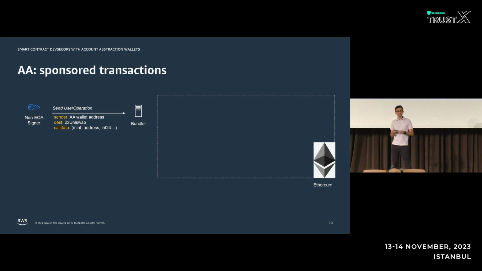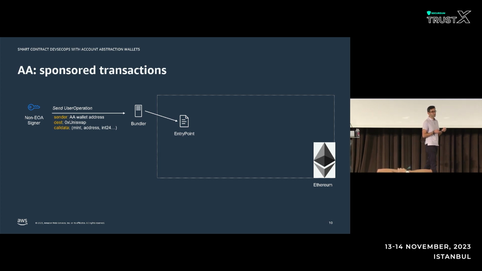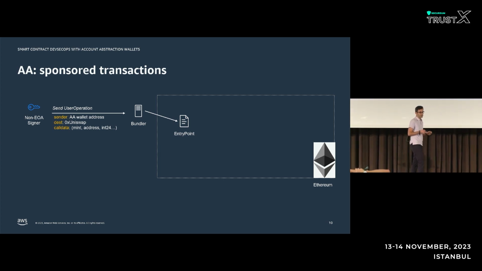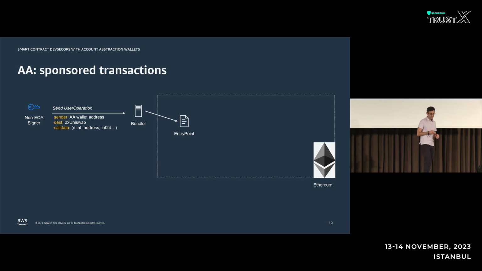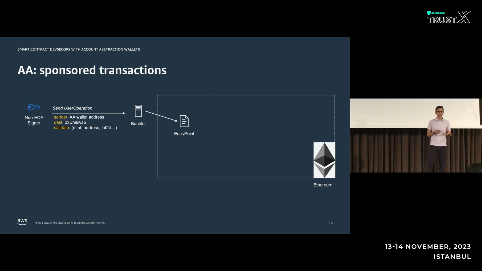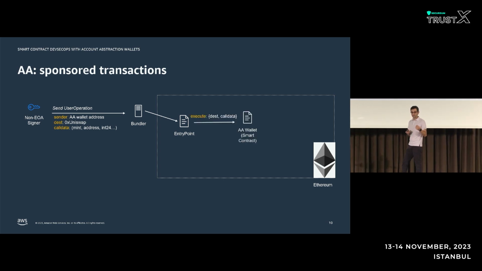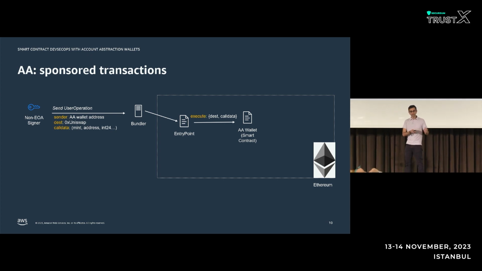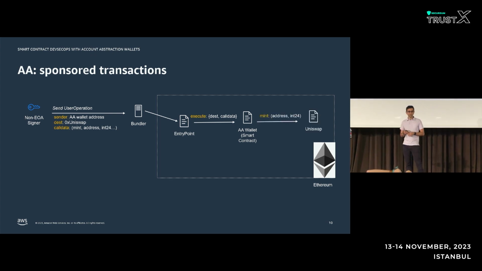And the bundler takes your user operation, sends it on-chain to a singleton contract known as the entry point. And there's a lot of steps here that I'm just going to try to keep at a high level because we could spend a couple hours just talking about how account abstraction works. But most importantly, the entry point gets a user operation, does some validation on that, make sure everything is sound, and then it calls an execute function that exists on our smart contract wallet, and it passes everything that it needs to do to call Uniswap. And that's how it works.